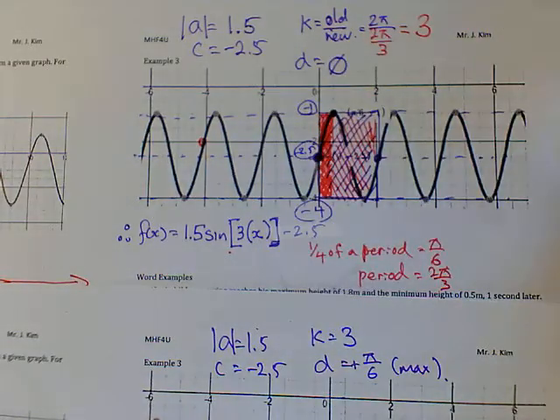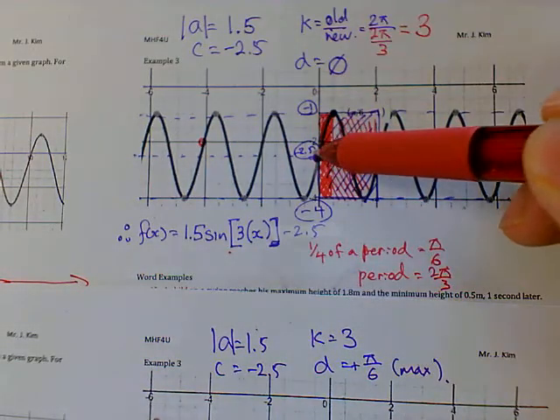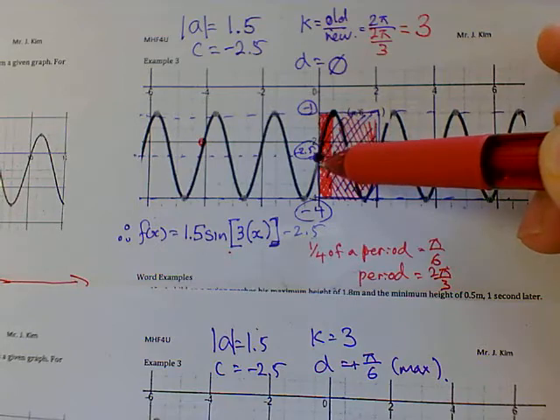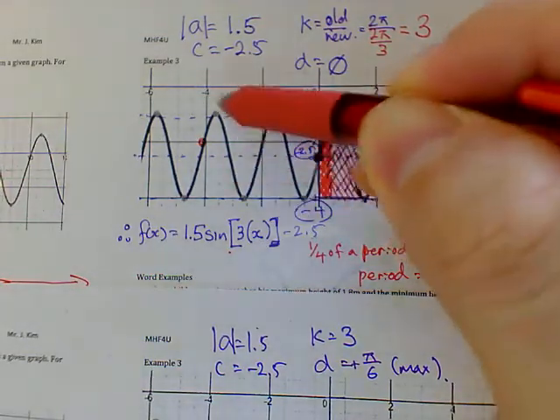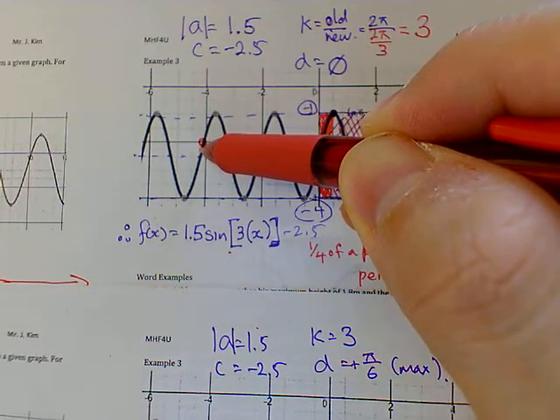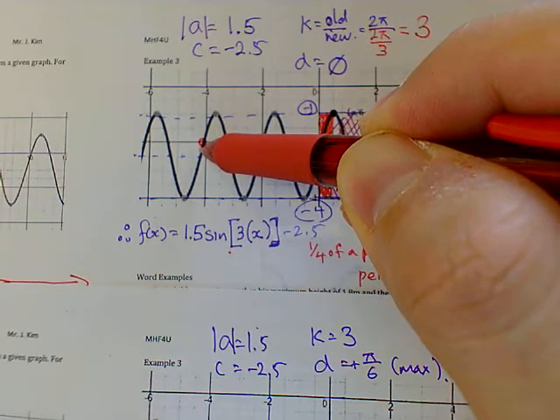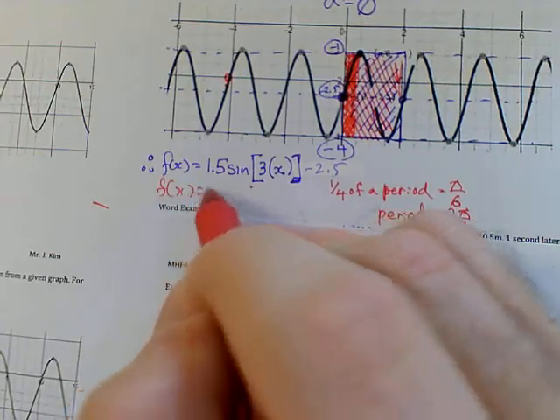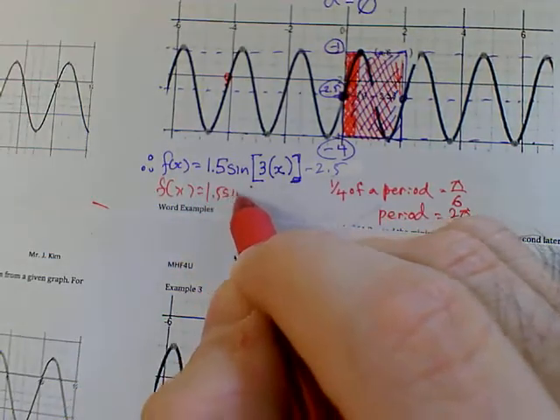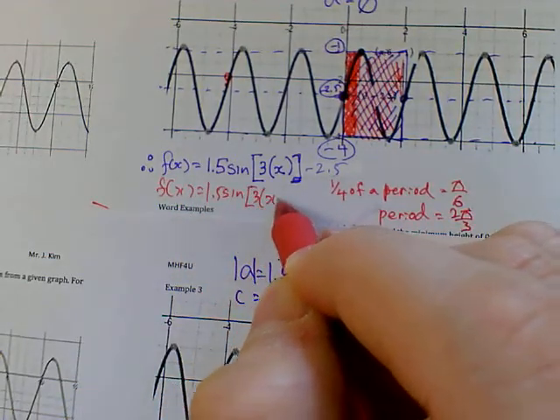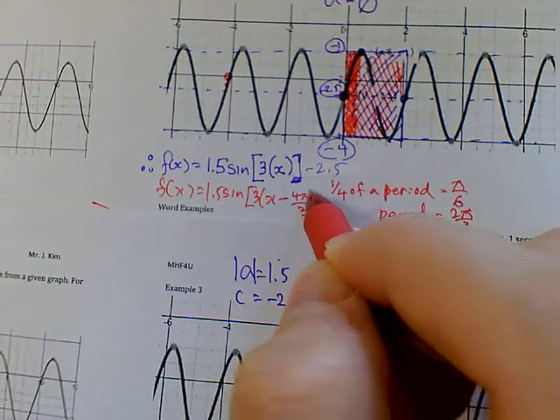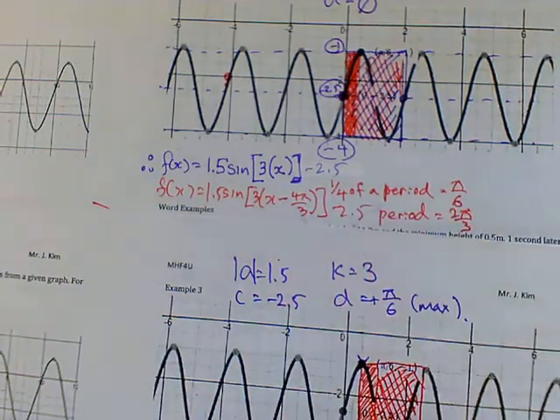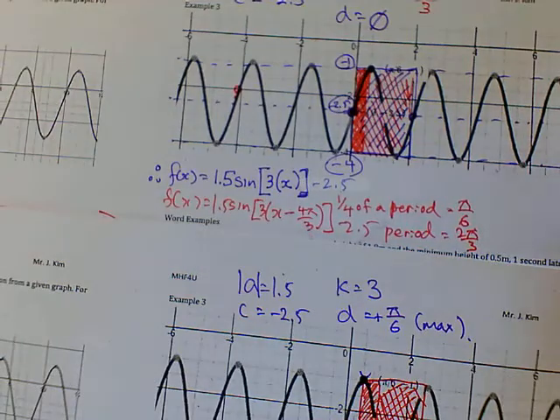Absolutely. It wouldn't be -4, though. It would be 2 pi over 3 this way, 2 pi over 3 this way, so 4 pi over 3. And yes, you can say this is 1.5 sine of 3x minus 4 pi over 3, minus 2.5. You get the same thing.